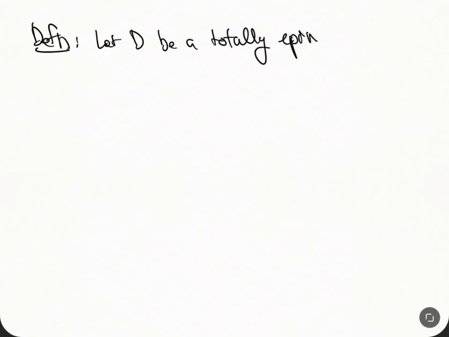Let me now tell you what an Archimedean Frobenioid is. So I guess definition. Let D be a totally epimorphic, connected category.